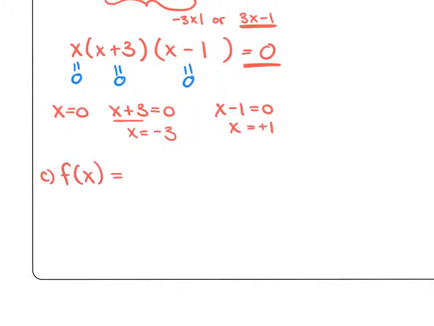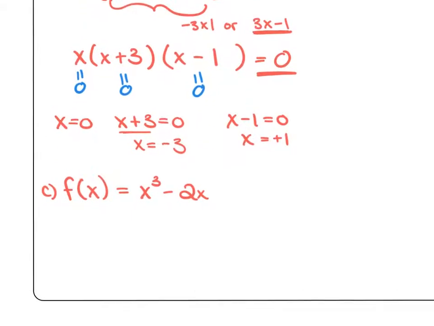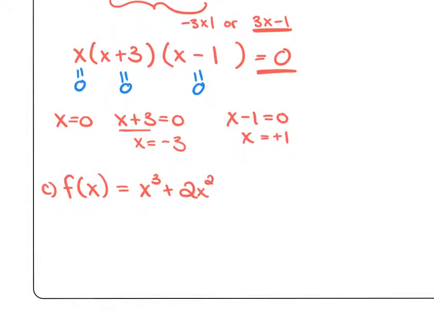And then you can write the exact same thing that we had, x cubed plus 2x squared minus 3x. So because you have f of x, you've now put it into function form. It's a polynomial function instead of just an equation. And the last thing, it wanted us to graph it.